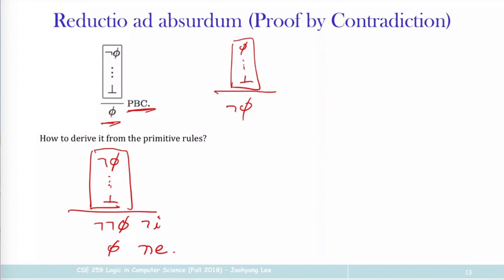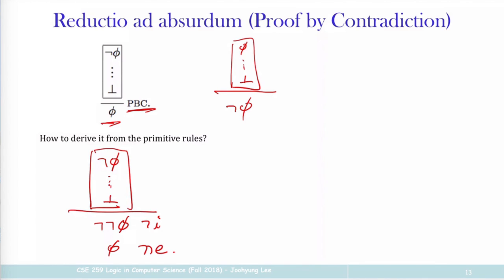I said before that depending on what you set as the primitive rules, some rules that you classify as primitive can be derived from that set. So different logicians have different sets of primitive rules. Okay, but we are not going to worry too much about it.